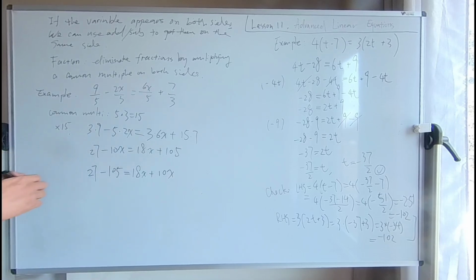For clarification, this is equivalent to subtracting 105 on both sides and adding 10x on both sides. You can try this by yourself on scratch paper as well. You should get the same output like this.